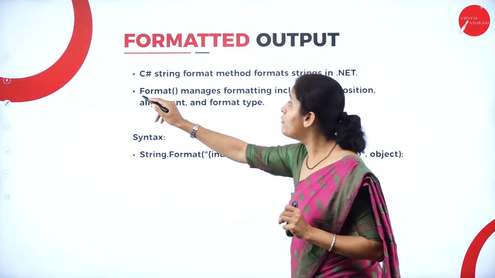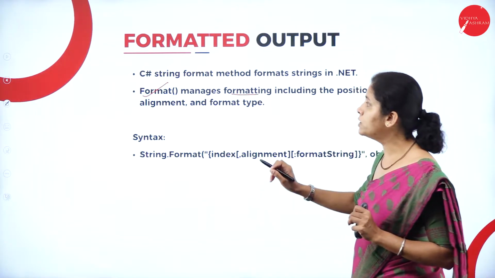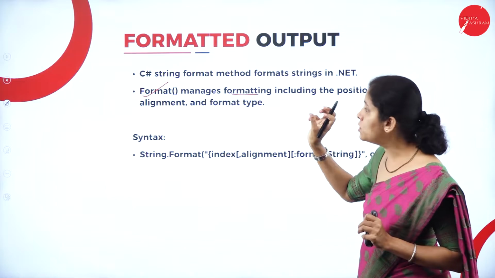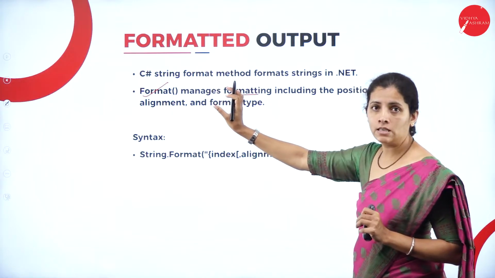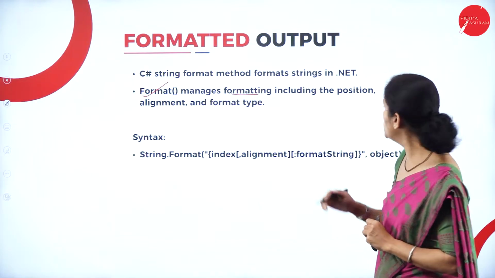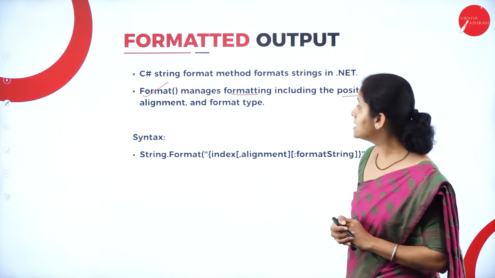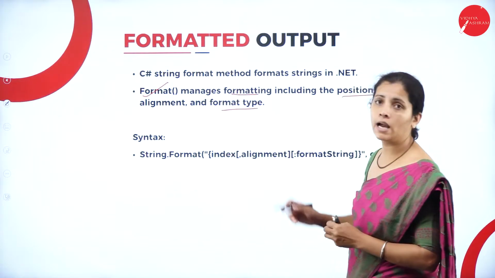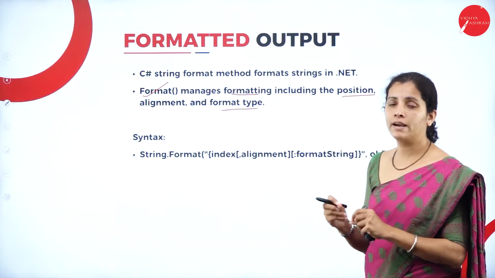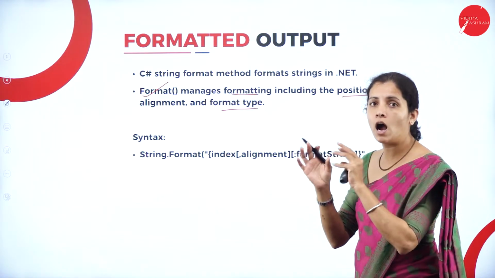So here the Format method manages formatting. C# supports the Format method, and it's mainly used to format the output. That includes the position of the number, alignment as well as format type. That means I can specify the format type, and in that particular format type I want the output.